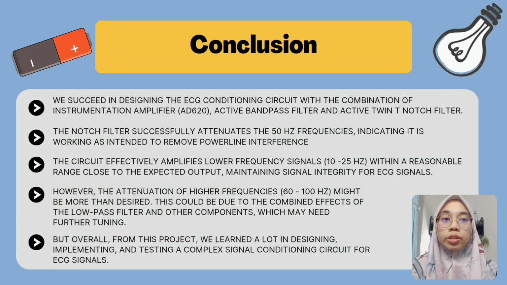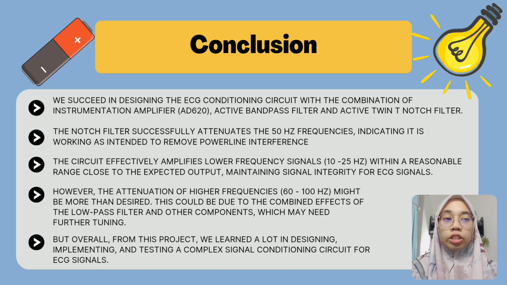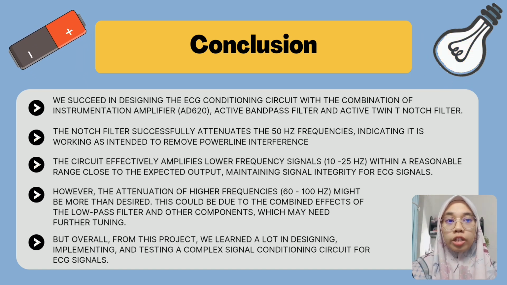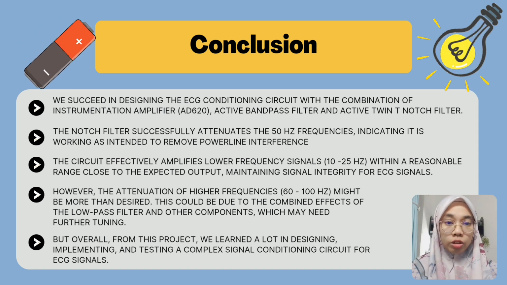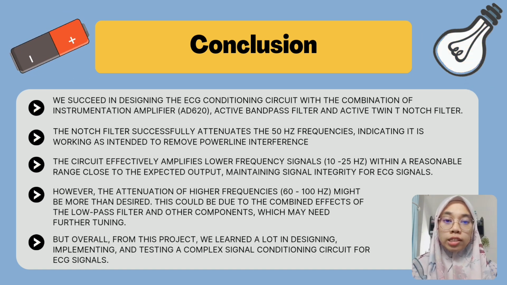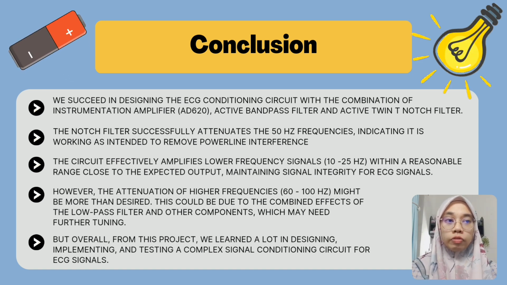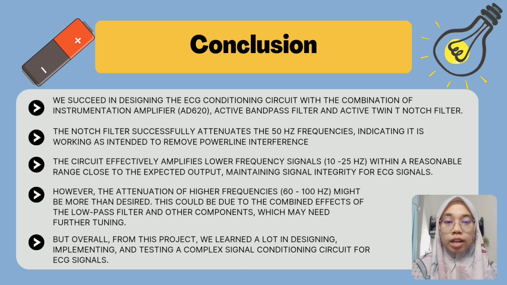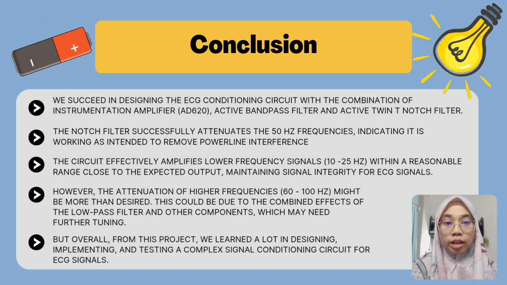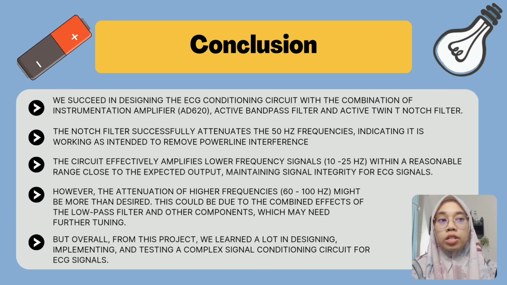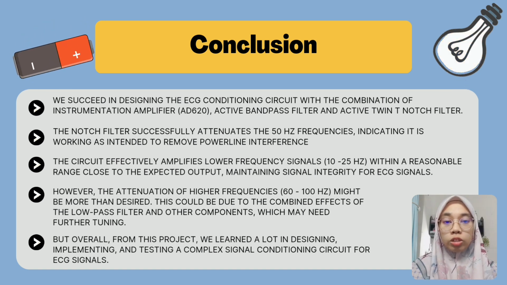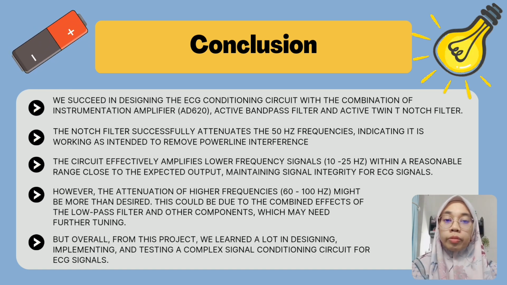In conclusion, we succeeded in designing the ECG conditioning circuit with a combination of an instrumentation amplifier, an active bandpass filter, and an active notch filter. The notch filter successfully attenuates 50 Hz frequencies, indicating it is working as intended to remove power line interference. The circuit effectively amplifies lower frequency signals within a reasonable range close to the expected output.